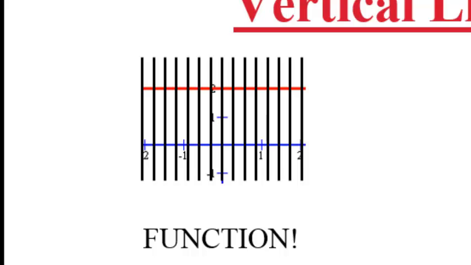If I think about my domain for that, that's what x values would be included in that graph. Well, basically all reals, okay? So I could go from negative infinity to infinity. Now if I think about the range, the only value this function takes on is where y is 2. So that's the only thing in your range. That's going to be just the set with the value 2 in it.